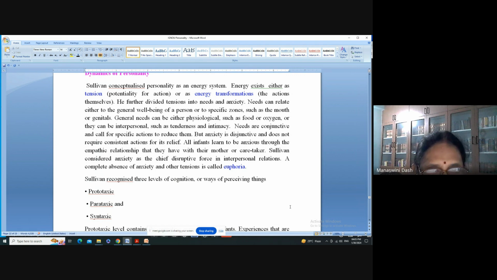They are interpersonal relations like intimacy. Needs are conjunctive and anxiety is disjunctive. Disjunctive means it doesn't require consistent actions for its relief, and conjunctive means it requires specific actions to reduce them.